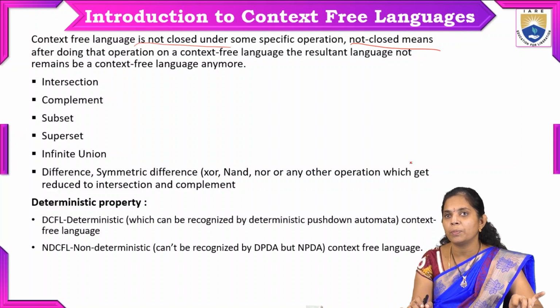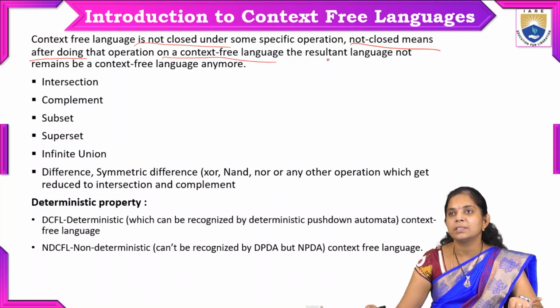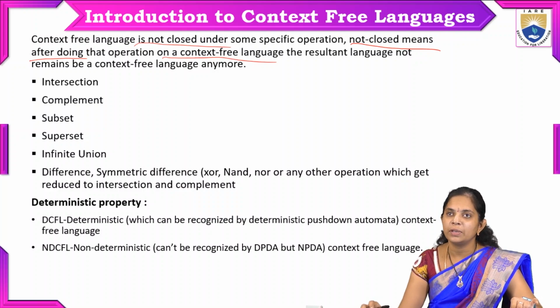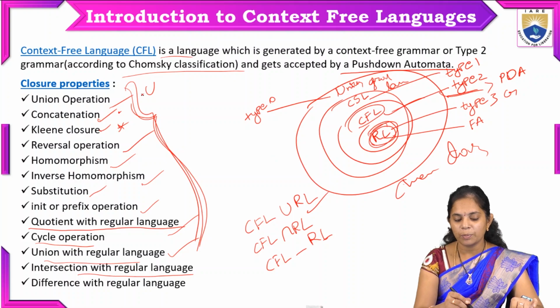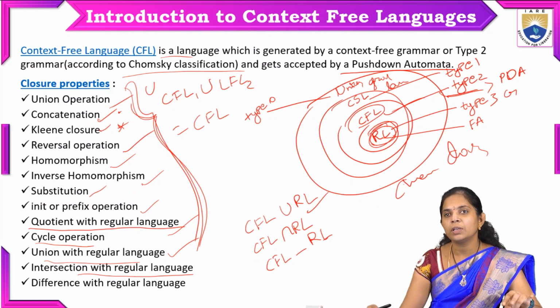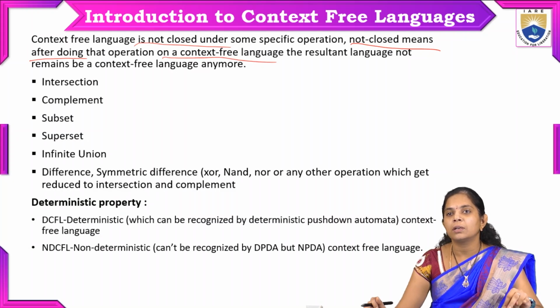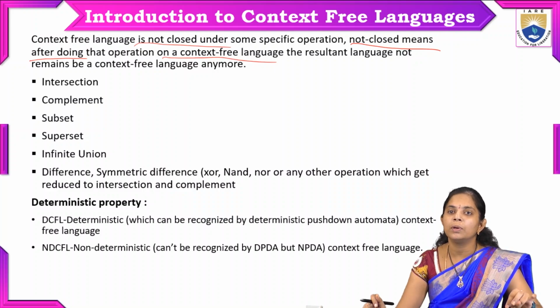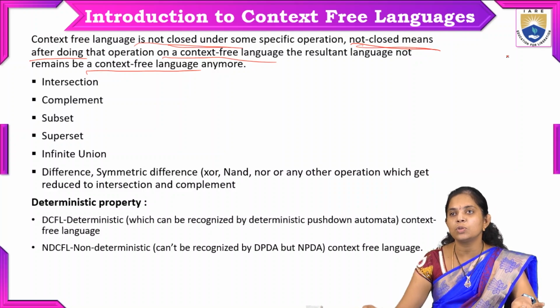Previously we discussed the closure properties: if you perform an operation such as union between CFL1 and CFL2, we get a context-free language only, so the result stays in the same class. But for the operations under which context-free languages are not closed, the result of the operation on two languages is not a context-free language.